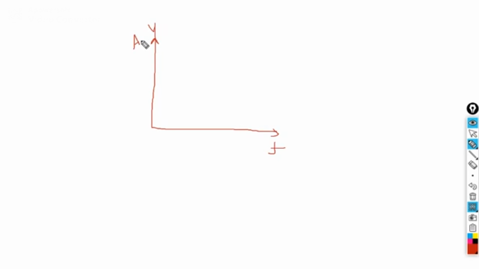That is called the gain. Normally, gain AD is expressed in terms of dB.